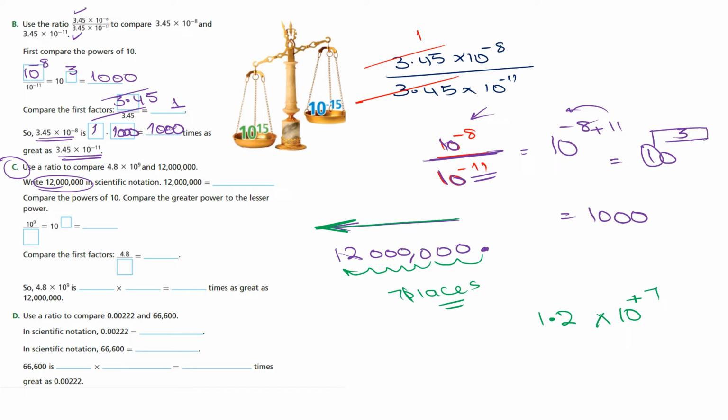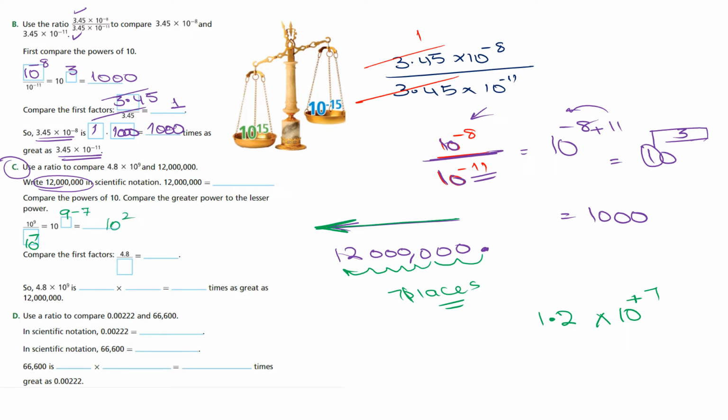So of course, it means the process should be changed. So now here we will write 10 to the power of positive 7. Now how to solve it? 10 to the power of 9 as it is, change the sign of the 7. So you will write minus 7. You will get 10 to the power of 2.